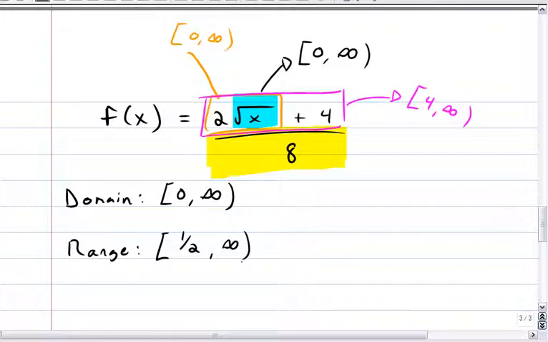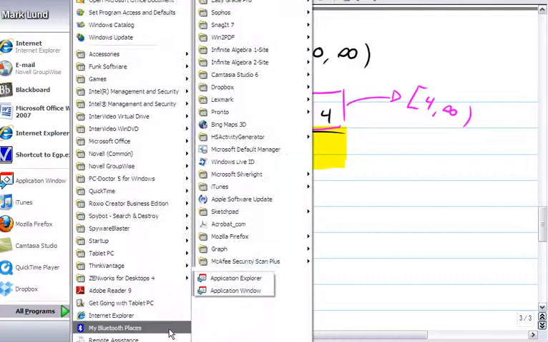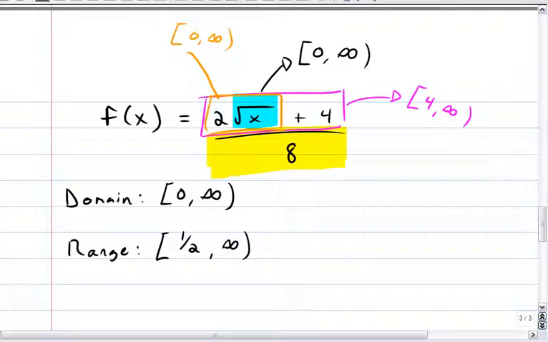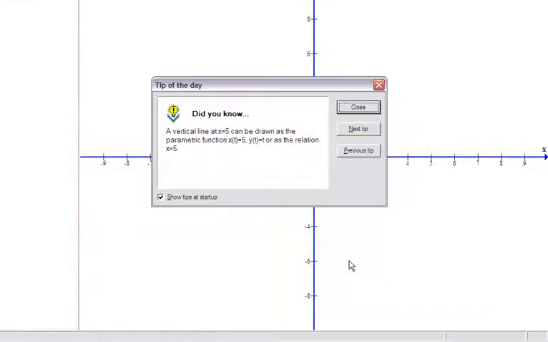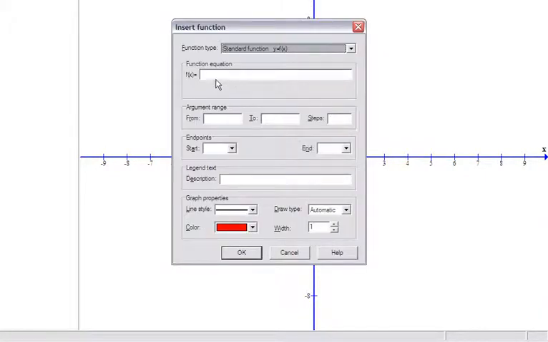So let me see. I've got some graphing software on here. Let's graph this and let's see if the graph also shows that the range is from 1/2 to infinity. So it might take me a second to get this up, but graph. Okay, so we need to put in the equation. Anybody remember the equation?